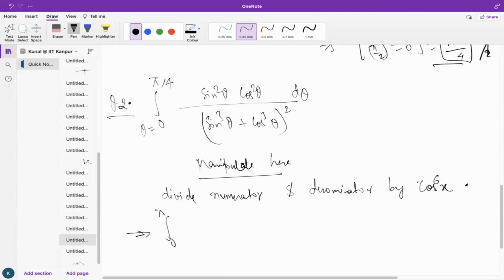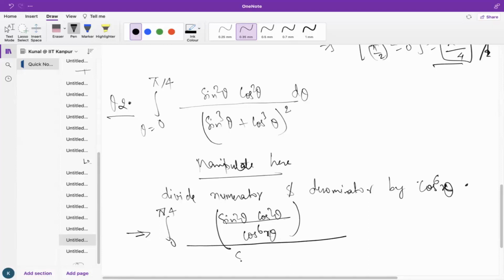We are integrating from 0 to pi by 4, and when we divide sine square theta cos square theta by cos to the power 6 theta, sorry, that is our numerator part, and our denominator is (sine cube theta plus cos cube theta) whole square divided by cos 6 theta.